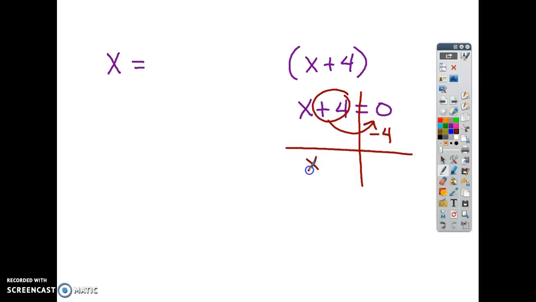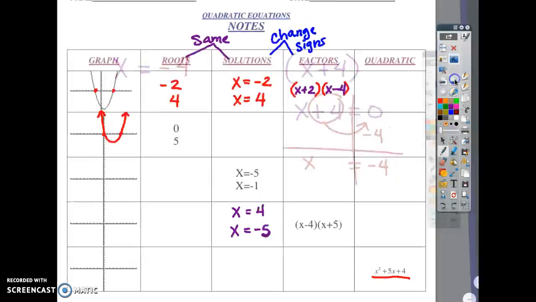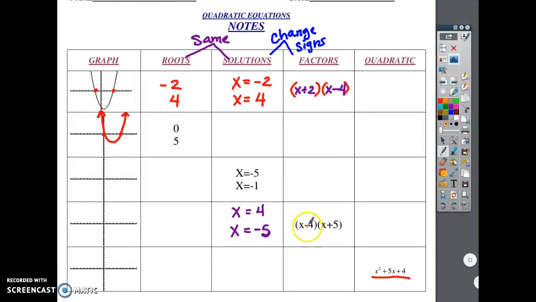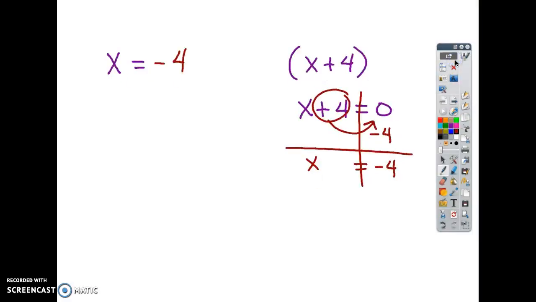So now you have x equals -4. So the solution is -4. And the same thing. Oh, that was an x minus 4. So let's change it. This was a minus 4.